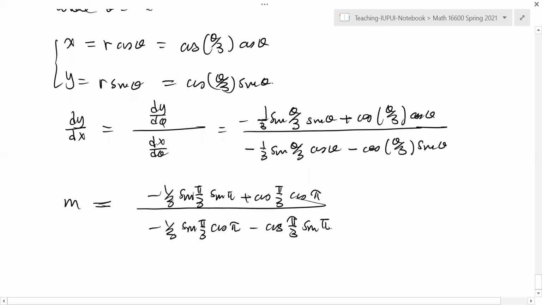Cosine pi over 3 is cosine 60 degrees, which is 1/2. Cosine pi is negative 1. Sine pi over 3 is square root 3 over 2.